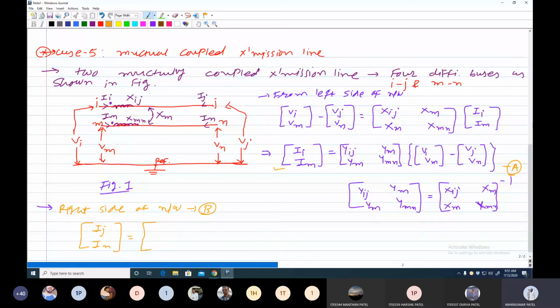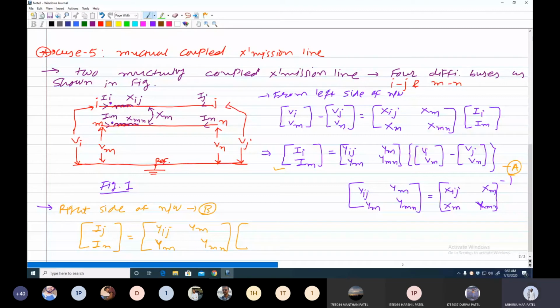What is the parameter of this admittance matrix now? It will remain the same. You can compare, you can see Yij, then mutual, again Ym and Ymn.